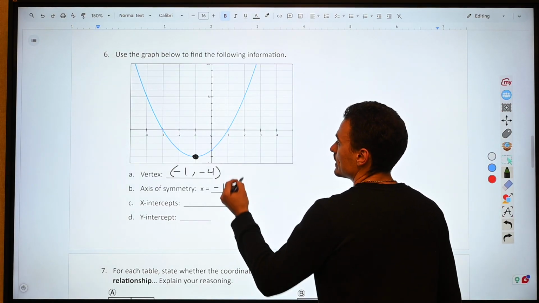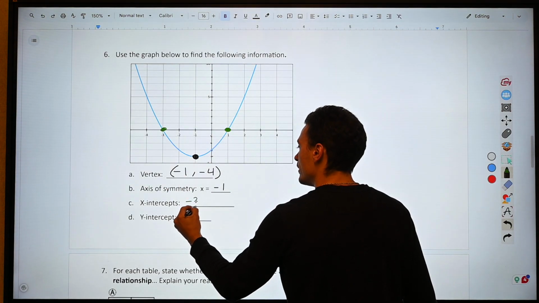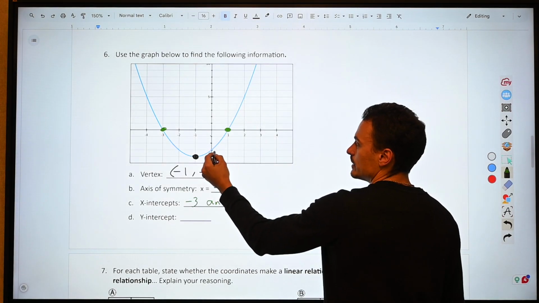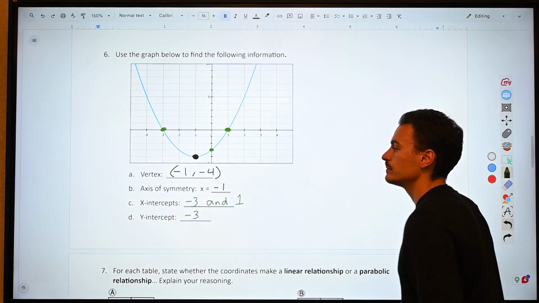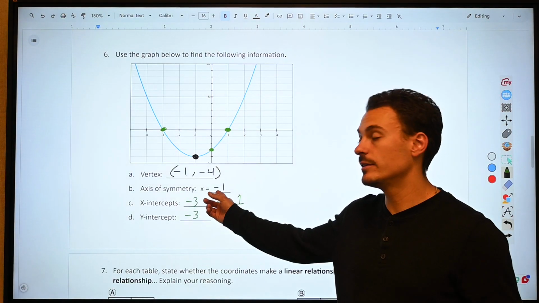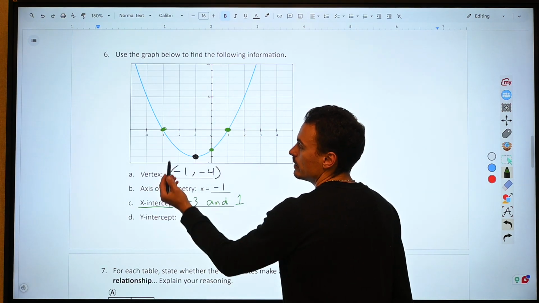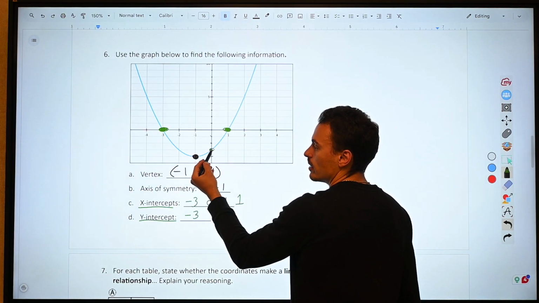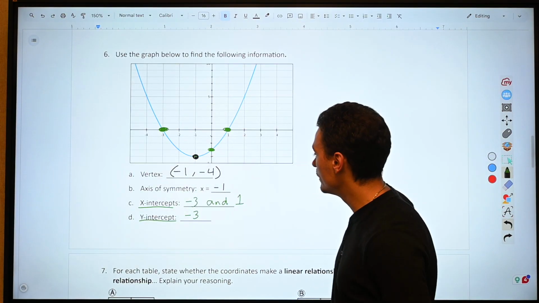Our x-intercepts are here and here, so negative 3 and 1, and our y-intercept is right here at negative 3. Obviously every graph is going to be different. Whatever you get on the test is going to be different than this, so you need to understand how to find this x-intercept right here. Well, that's when the graph crosses the x-axis. The y-intercept is when the graph crosses the y-axis. The vertex is the bottom or the top of the graph.